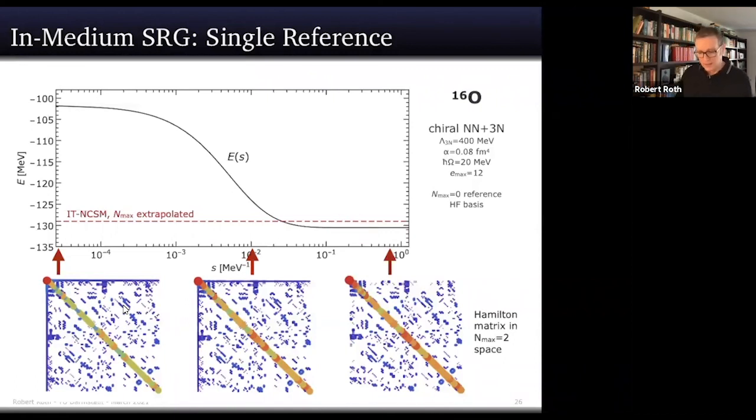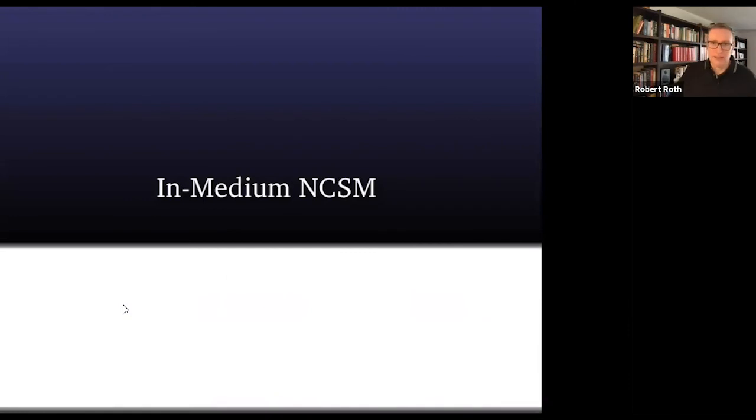You see already here, this method is, in this simple form, only suitable for computing the ground state energy. If you want to have other observables or other states, you have to do more. The big advantage of the in-medium SRG now is that you really have access to these matrices all the time. And it's a unitary transformation.